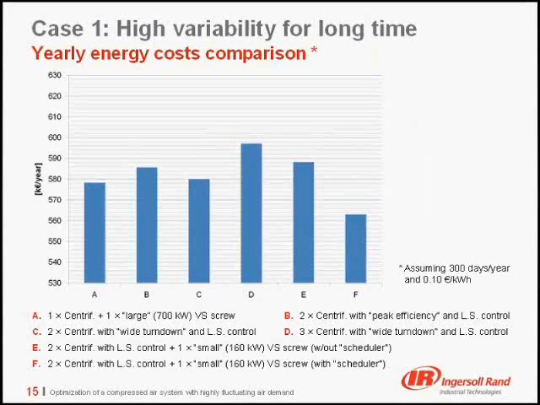If really your main target is energy saving, and you accept to have different technologies, then consider system F with 2 centrifugal compressors and 1 small 160 kilowatt variable speed screw compressor with scheduler.